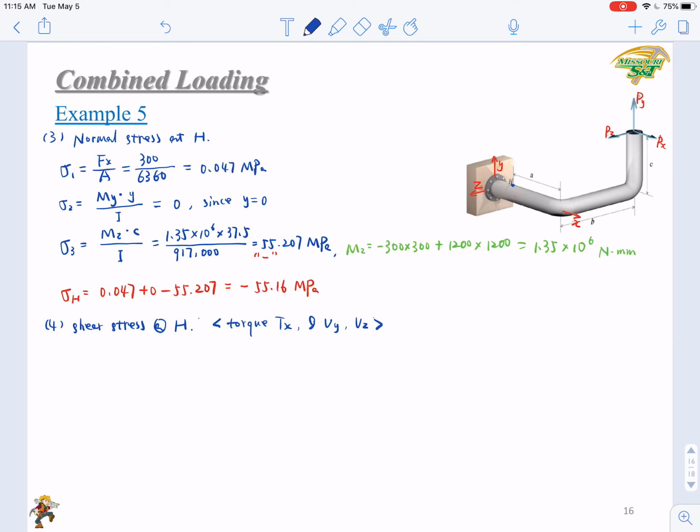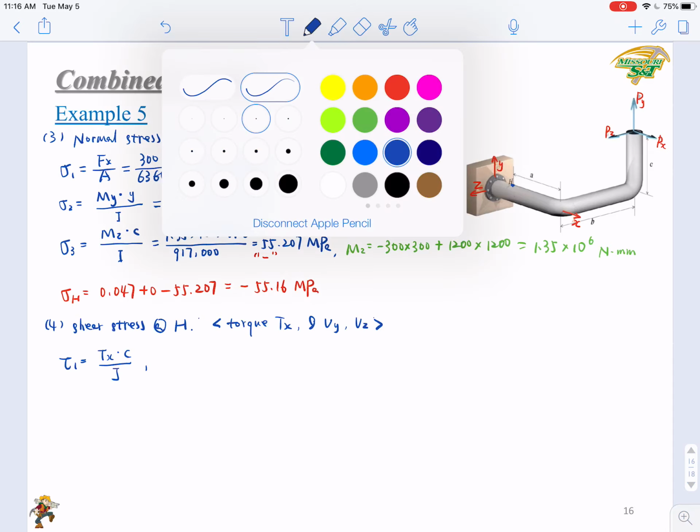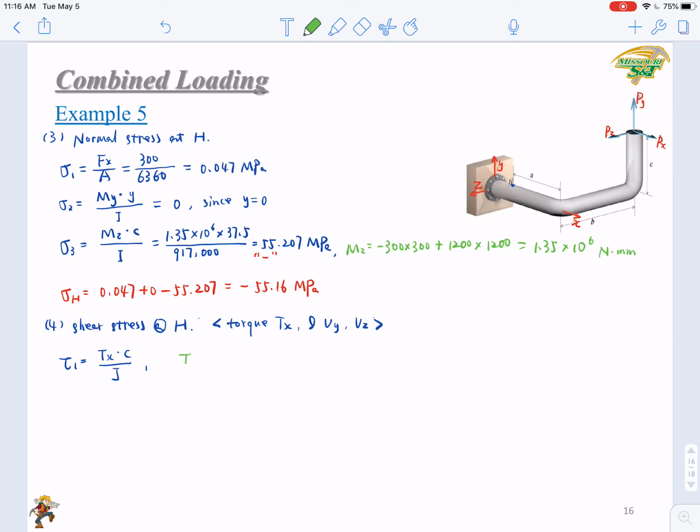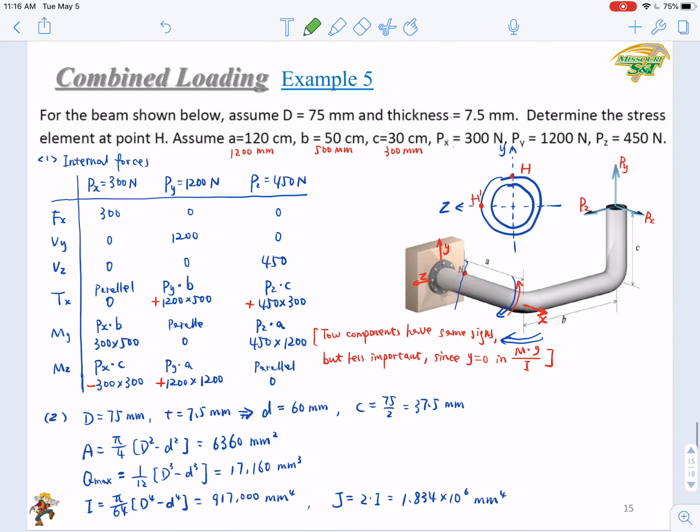So the first component of the shear stress, tau 1, is induced by the torque. If you use the torque, the equation will be Tx times C over J. Right. So what is the Tx? Tx here equals. Look at here.